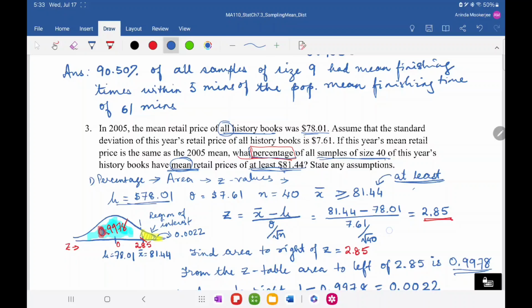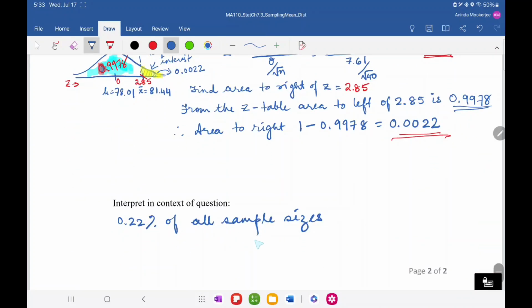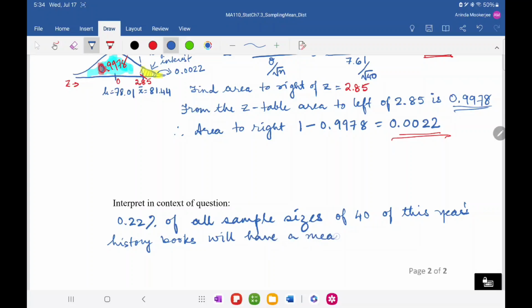That's all, right? So 0.22% of all samples of size 40 of this year's history books will have a mean retail price of $81.44 or more.